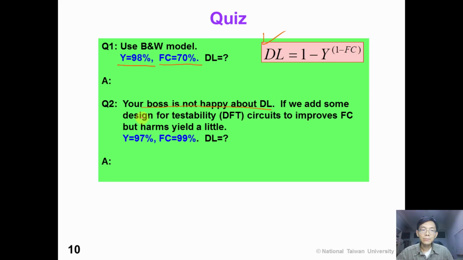If we add some design for testability DFT circuit to this IC so that we can improve the fault coverage, but the penalty is that the yield is reduced by a little bit. Suppose that the yield now dropped to 97% and the fault coverage has significantly improved to 99%. Please calculate the defect level again.